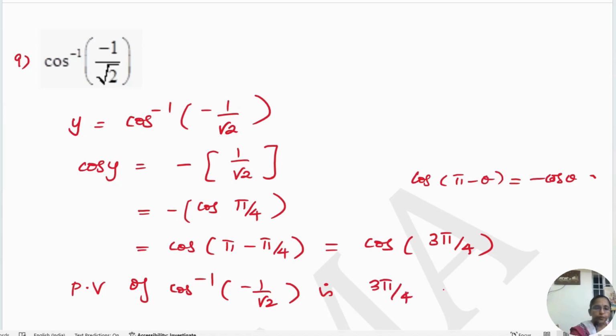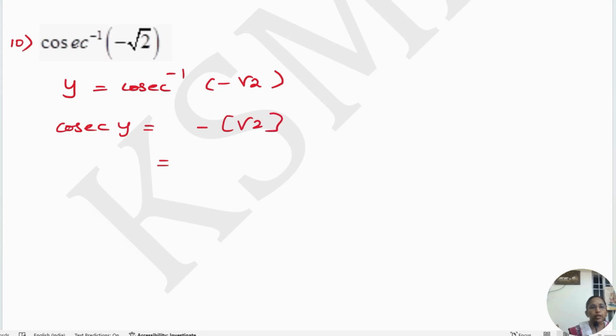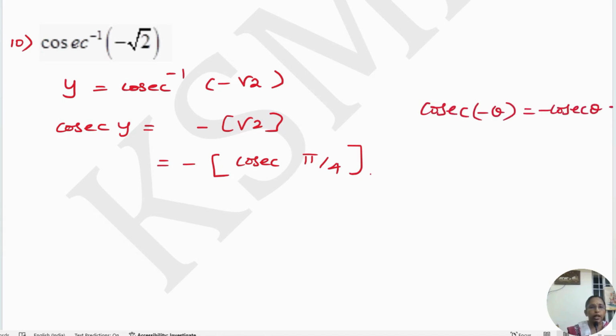And coming to question number 10, cosecant inverse of minus root 2. So cosecant of y is equal to minus root 2, and minus you can take outside. This root 2 in terms of cosecant is cosecant of pi by 4, and here cosecant of minus theta is equal to minus cosecant theta.